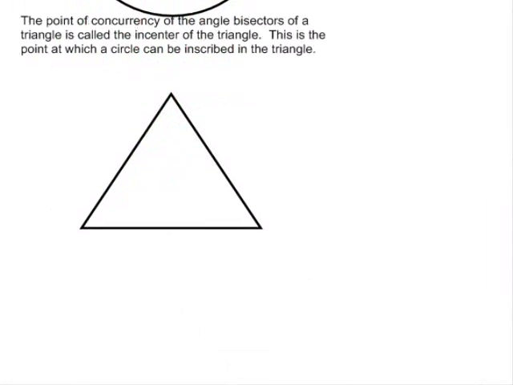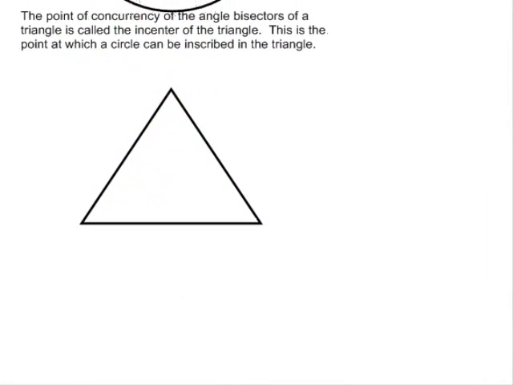We have what is called the incenter. I'm sorry, I was losing what I was doing. But the incenter is where we have the point of concurrency of angle bisectors. So instead of looking at perpendicular bisectors, we can now look at angle bisectors.